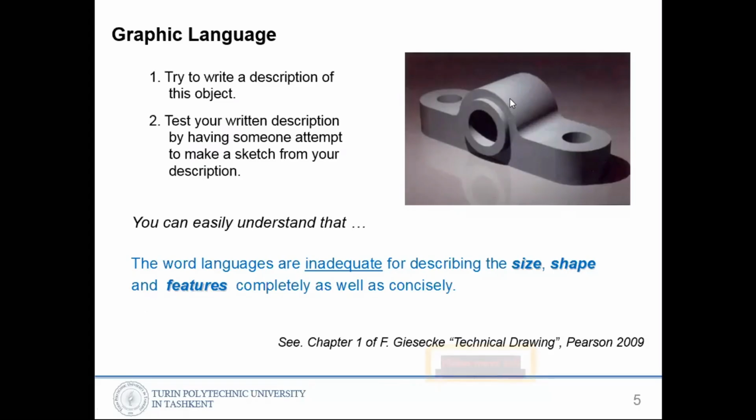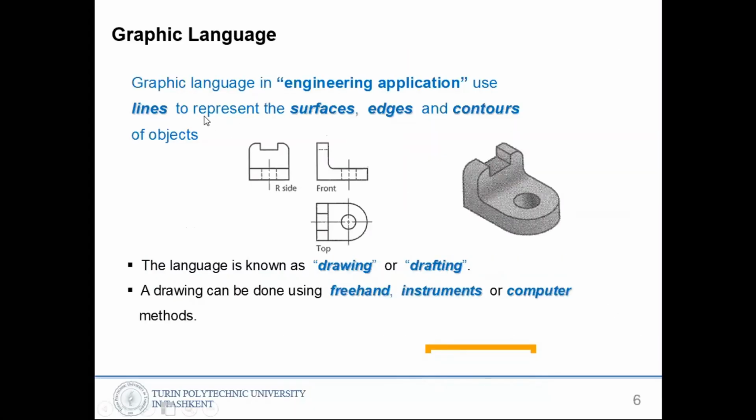And features, like mechanical features, physical features, some material types. So those kind of features. And graphic language. Graphic language is an engineering application that uses lines to represent the surface, edge, and contours.